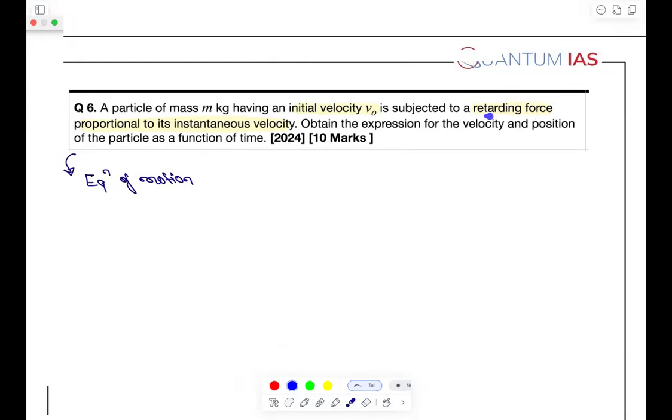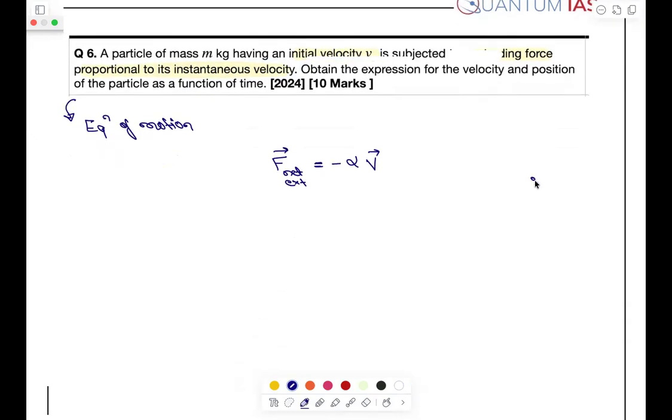Here, retarding force proportional to instantaneous velocity simply means that the net external force is proportional to velocity. So I can write F net is equal to minus alpha v, alpha being the constant. The particle of mass m is projected with v naught, and after some instant the velocity will become v, and this is what we have to find.